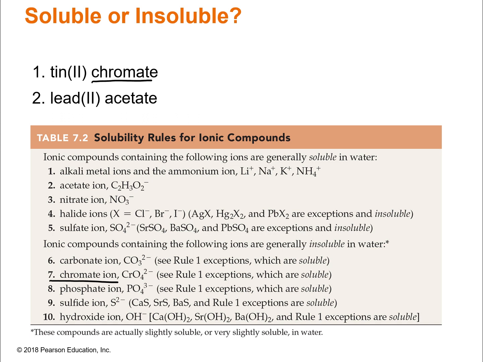It's in Rule 7. And chromates are generally insoluble. The exceptions are Rule 1. I look and see if I have anything that's in Rule 1. Ammonium, lithium, sodium, potassium. None of those are tin 2. So this chromate compound is insoluble.